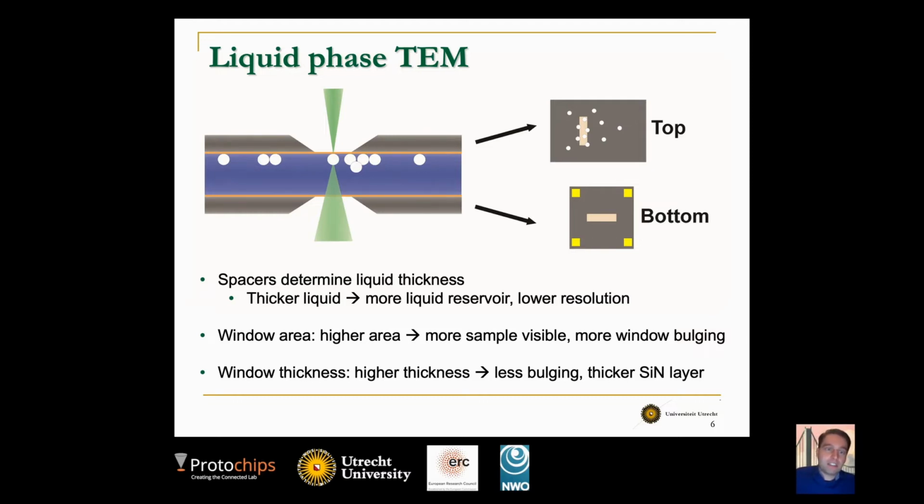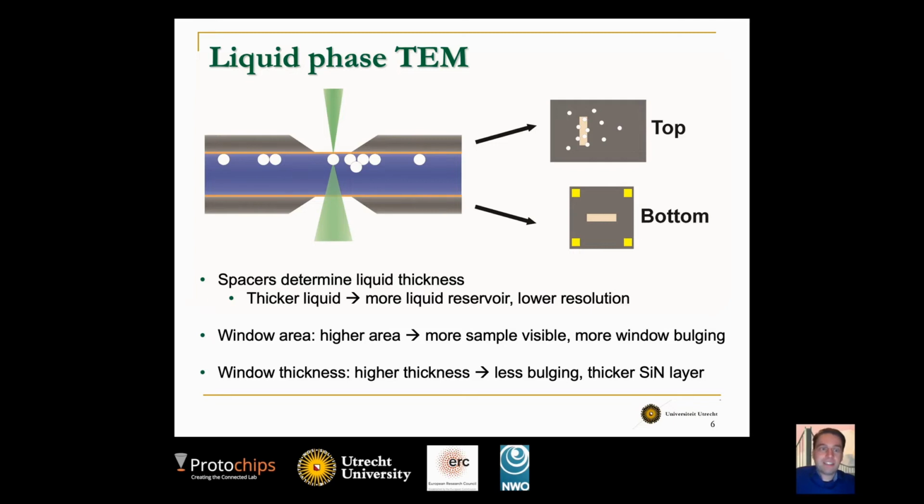Another aspect is that the window thickness itself can be varied. A higher thickness means that the window is stiffer and will bulge less. But then, of course, you have a thicker silicon nitride layer, and this will also decrease your resolution again.